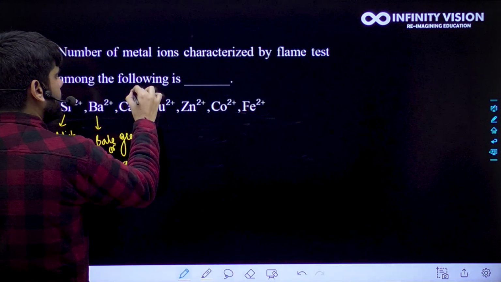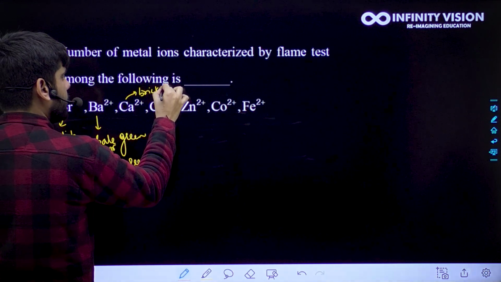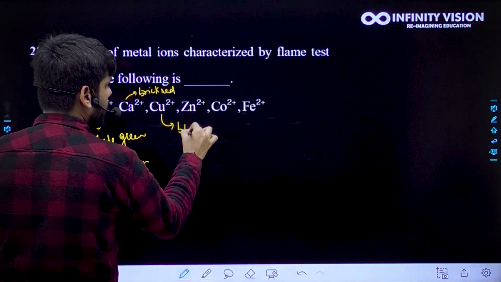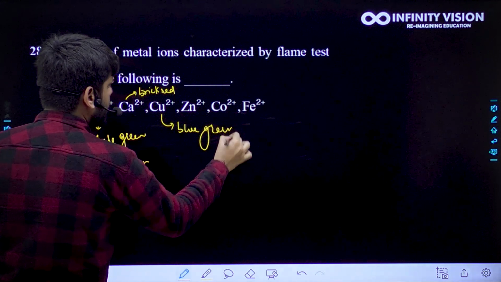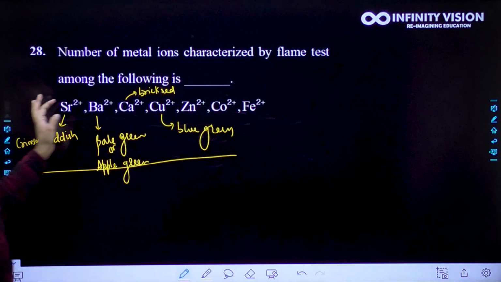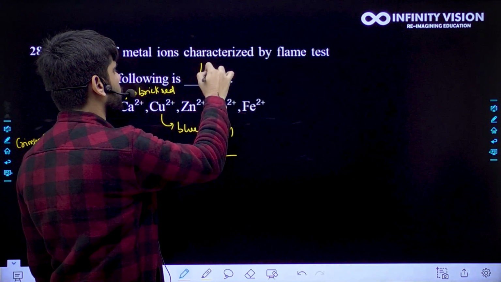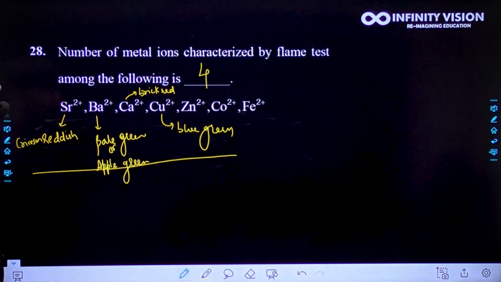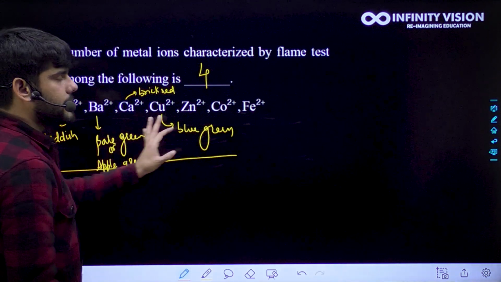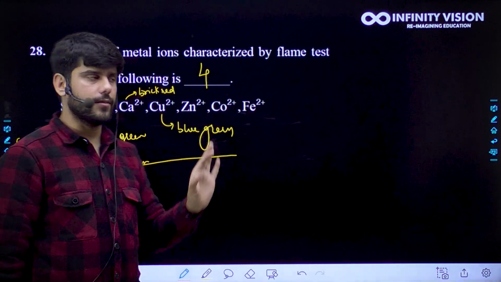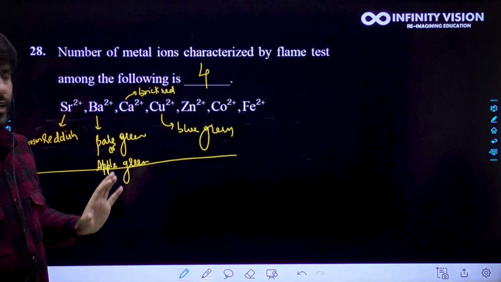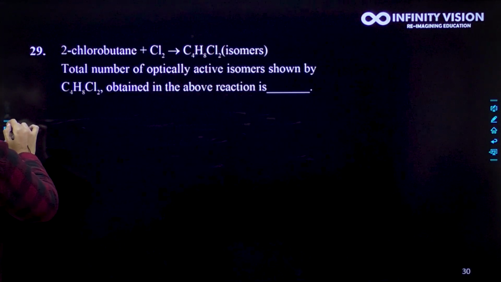For calcium, it is brick red, and for copper, it is blue green. So it is clearly mentioned the colors of these 4 ions over there. So we can say that this is 4. All right, the answer is 4, based upon the NCERT qualitative analysis flame test portion given over there. Let us discuss the next.